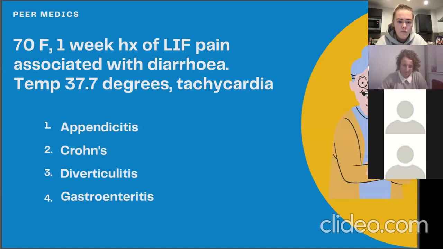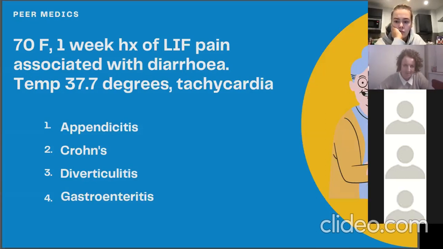For the first point, appendicitis, it's unlikely to be that because usually you've got your classic central abdominal pain around the umbilicus migrating to the right iliac fossa. So that rules appendicitis out.